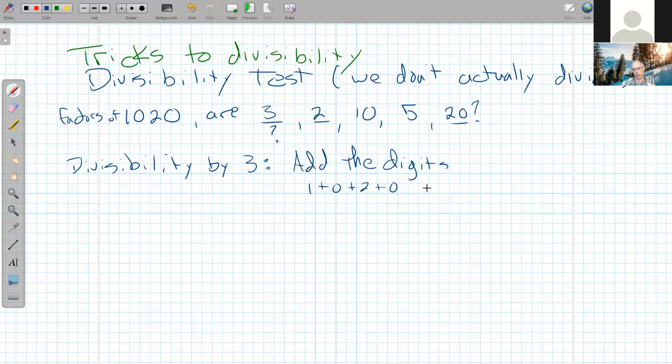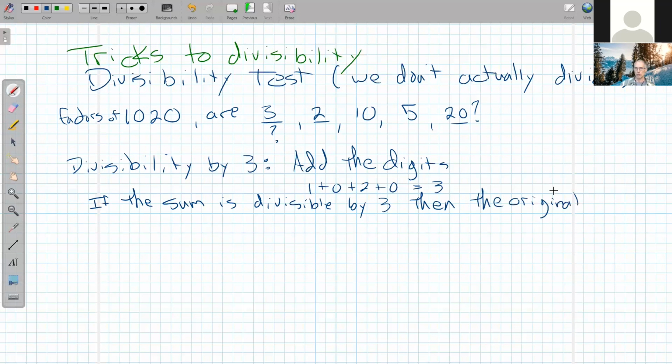Adding 0 is kind of boring, but what the heck. 1 plus 2 is 3. If the sum is divisible by 3, the original number is divisible by 3. That's the way it goes. And that's a pretty cool trick.